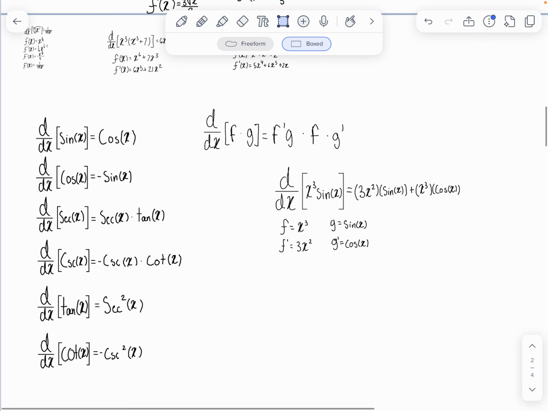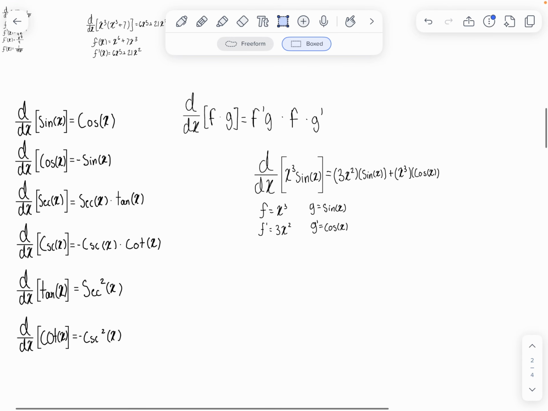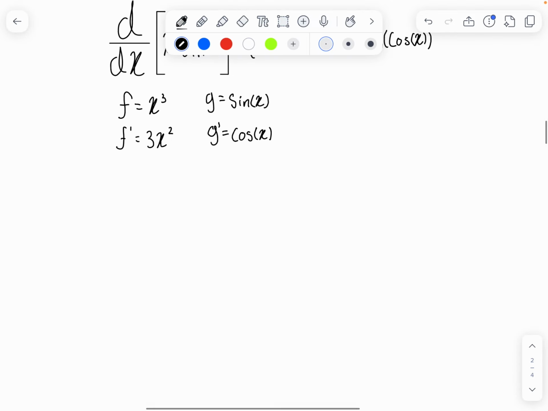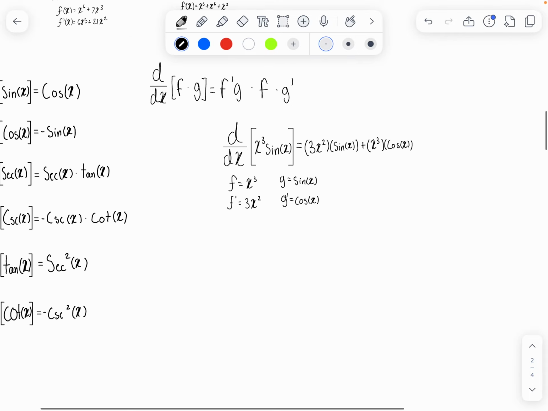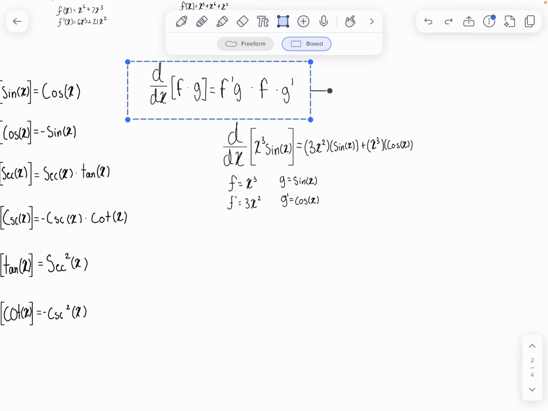Okay, let's try some more. So this is going to be a product rule question without relating to the trigonometric identities.